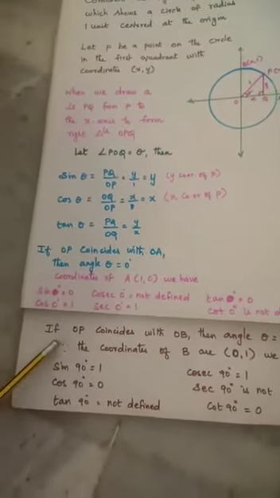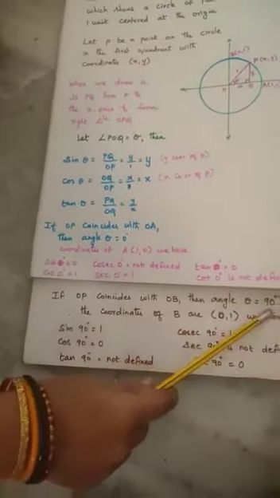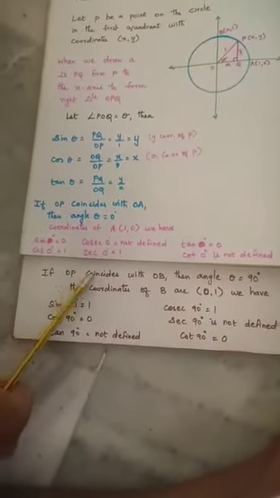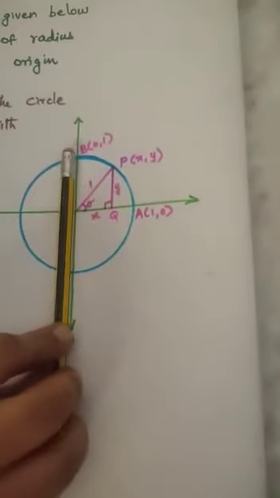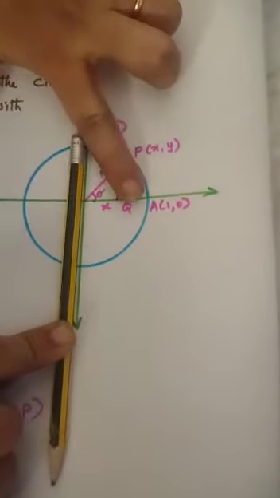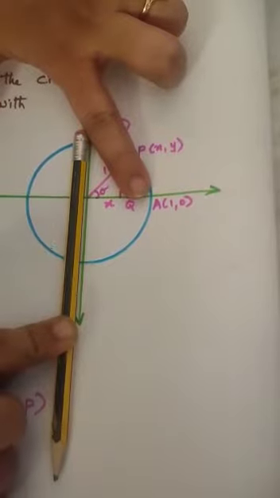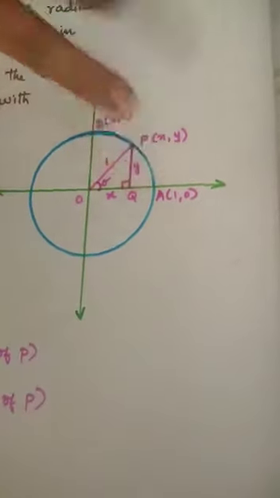Now if you take theta as 90 degree, if OP coincides with OB, see here, this OP line coincides with OB, you will get a right triangle like this.